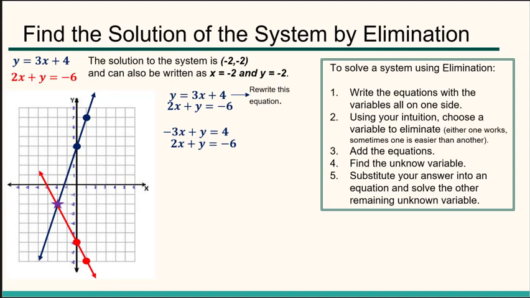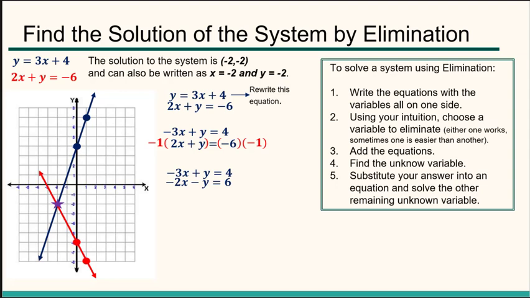Now I'm going to look at these two equations, and I notice there's a y in both of them. So if I multiplied both sides by negative 1, I'll get a minus y for that bottom equation, and if I added them, the y variable would disappear. So let's watch me do that.